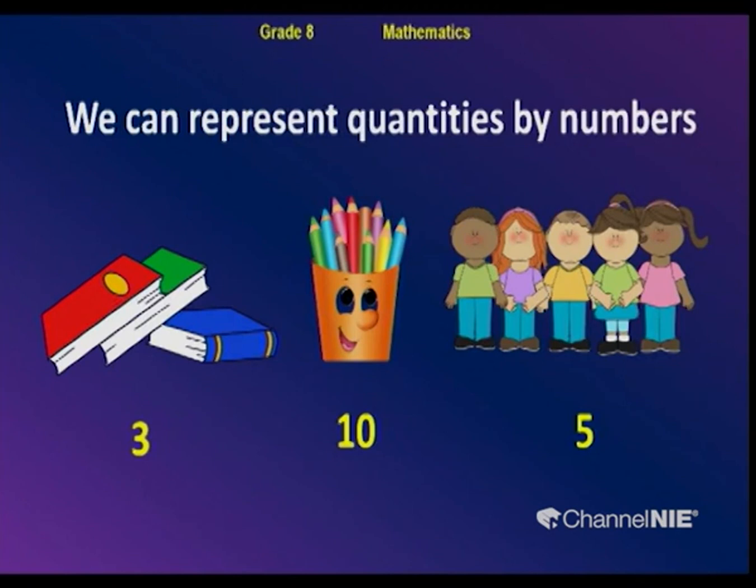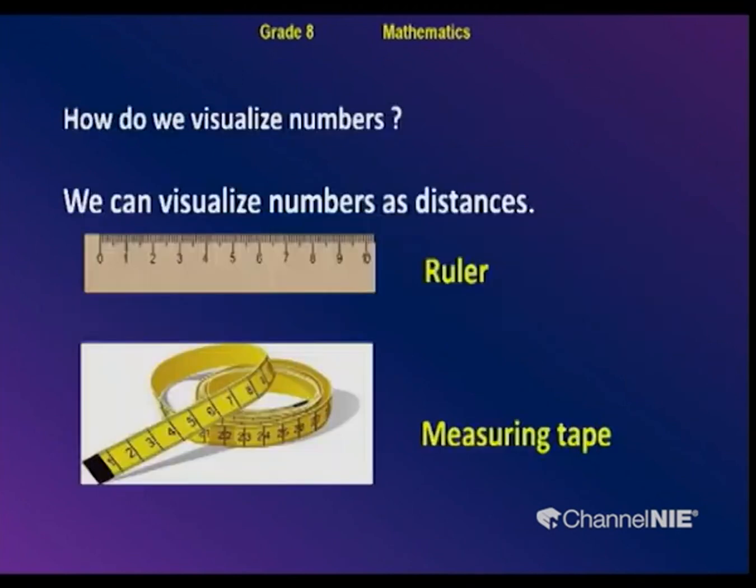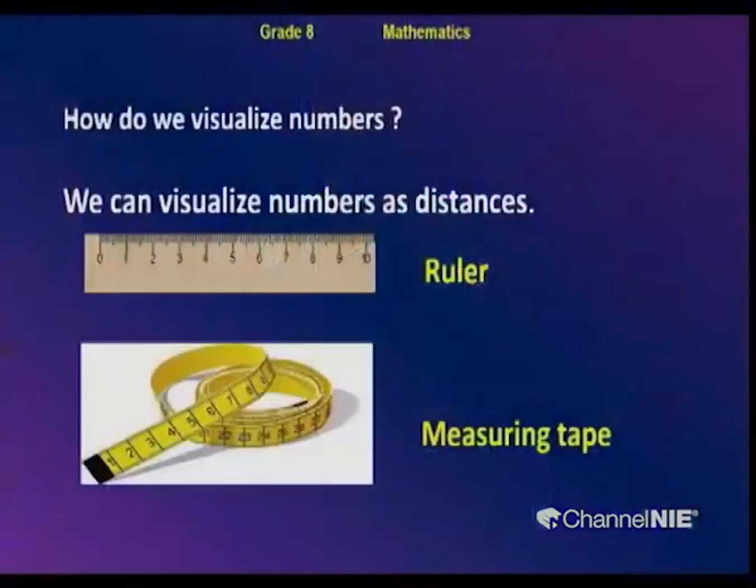Next, move on to the next slide. We can visualize numbers as distance. What is the meaning of that? We know the ruler and measuring tape. Do you know the ruler and measuring tape? Yes, you know about that. When we consider the ruler, there are numbers 0, 1, 2, 3, 4 like that.